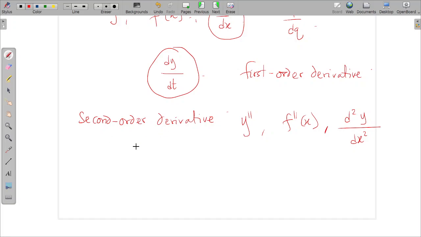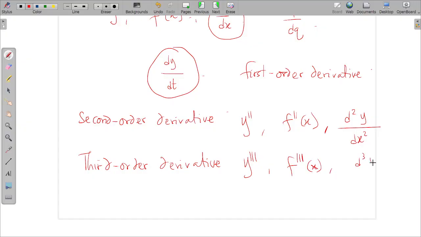Now we have third order derivatives. For the third order, we have y prime prime prime, f prime prime prime of x. We have the 3. Take note that the 3 is on the d at the numerator for y, and at the denominator it is on x. Please take note of that.